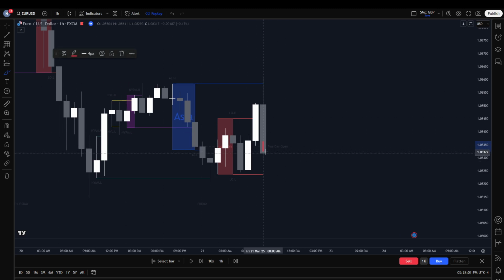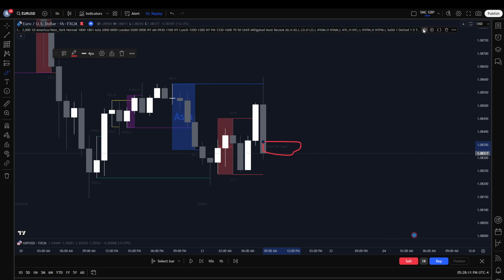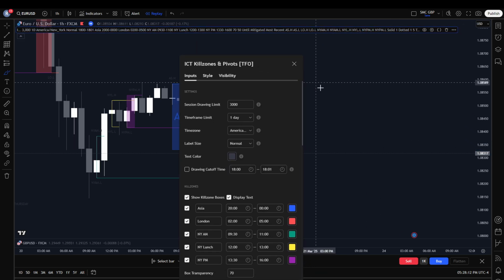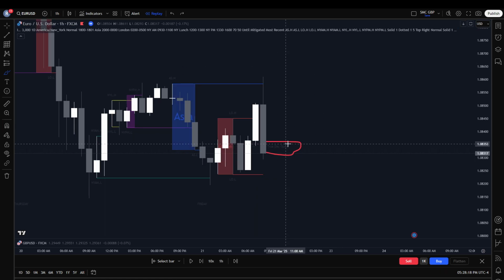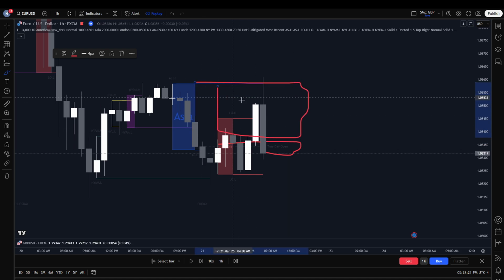What do I look for to see which direction I'm expecting my manipulation in? I am looking for my time-based premium and discount. I have this ICT kill zones and pivots session indicator, and with that it shows you the midnight open, the true day open. If price is trading above the true day open, we are in a premium.